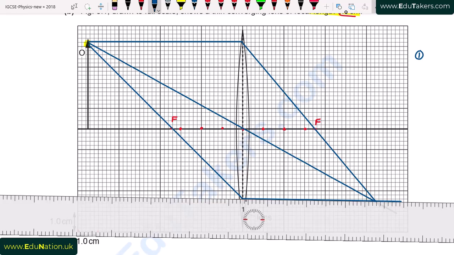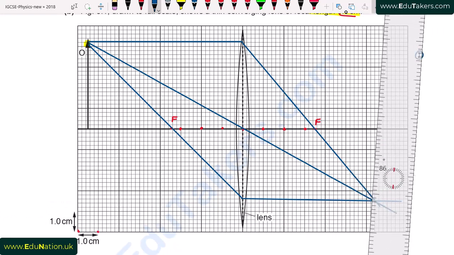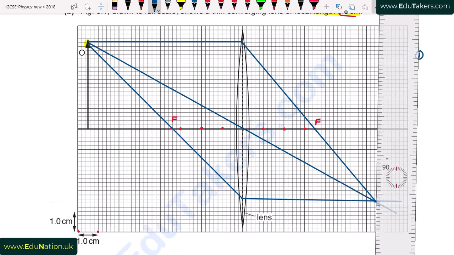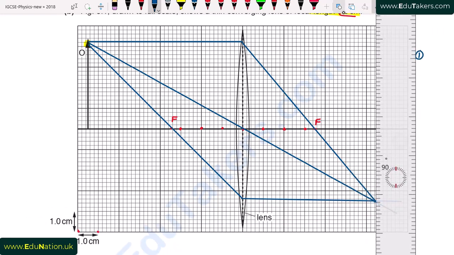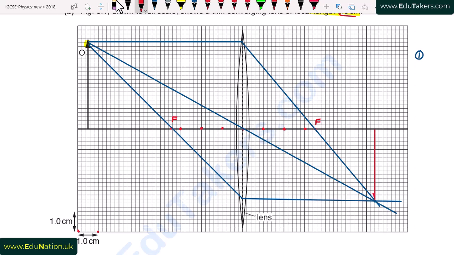Now I am going to draw the position of image. So this is our image. I label it with I.